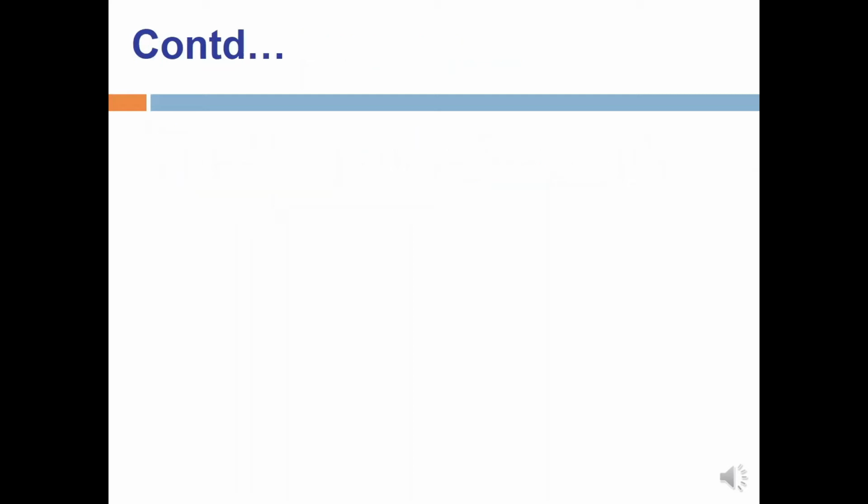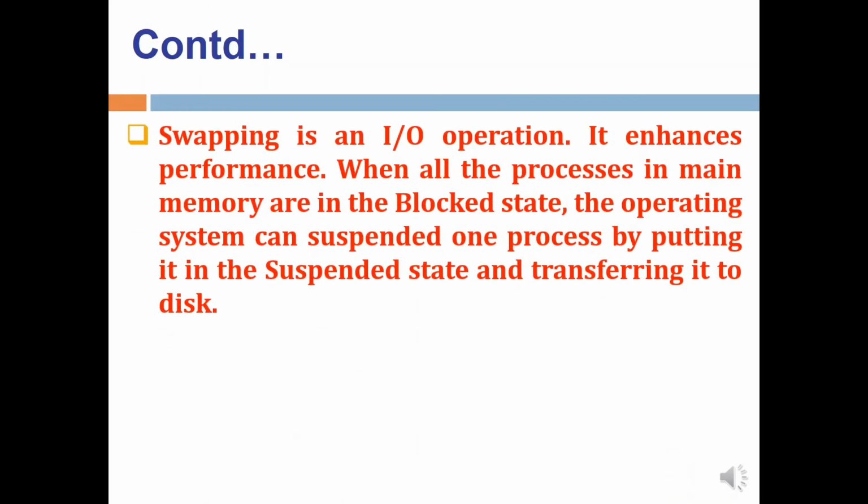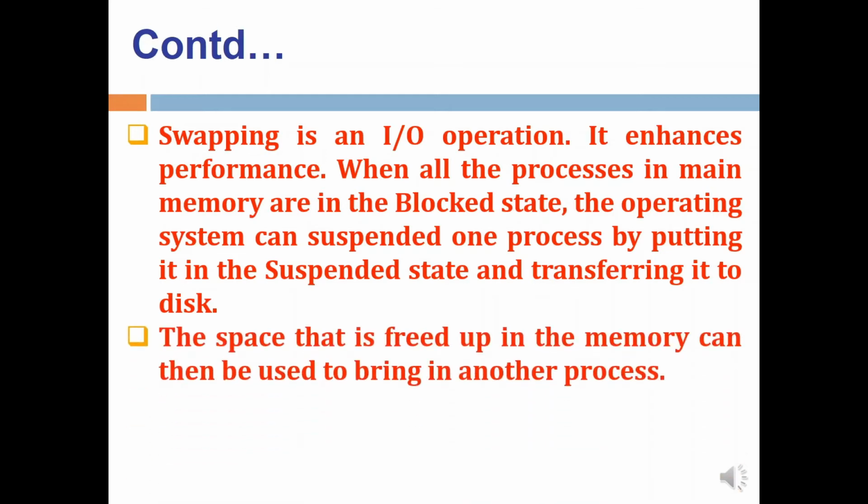Swapping is one of the input-output operations. It enhances the performance when all the processes in main memory are in the blocked state. The operating system can suspend one process by putting it in the suspended state and transferring it to the disk. The space that is freed up in the memory can then be used to bring in another process.